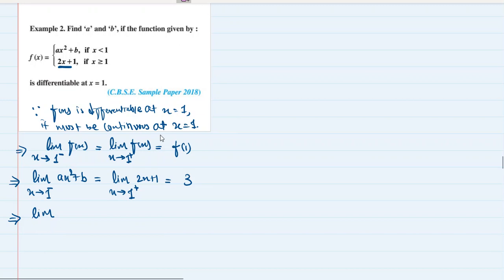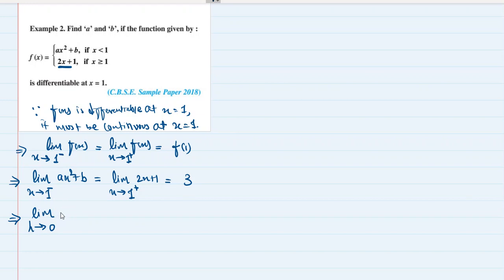Let's solve the limits. Limit as h tends to 0, since we are replacing x with 1 minus h, in the place of x we will write 1 minus h.